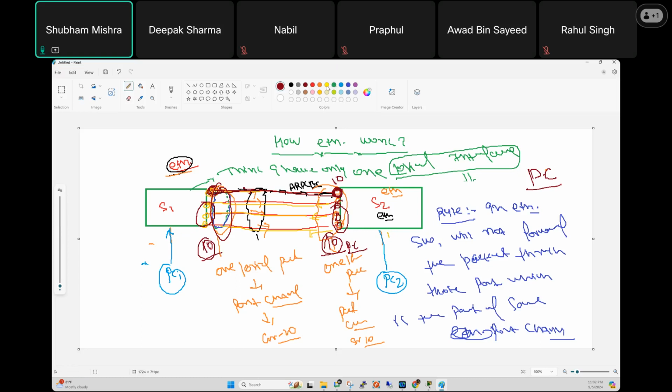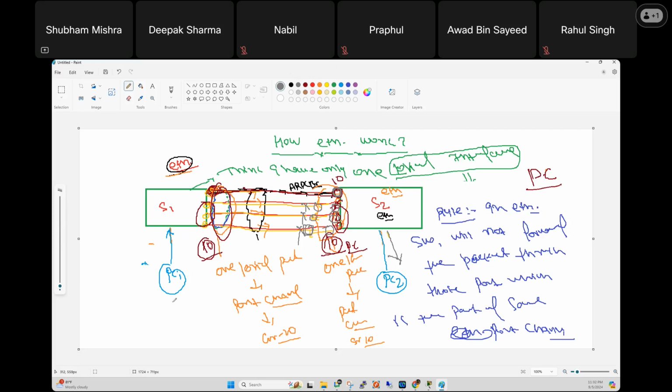So the rule is when the switch receives a packet on any interface, then the switch will never forward that packet through those interfaces which are part of the same port channel. It means these 3 interfaces are part of the same port channel, so switch number 2 never forwards the packet through these interfaces. Switch number 2 only forwards through this one, not this one.